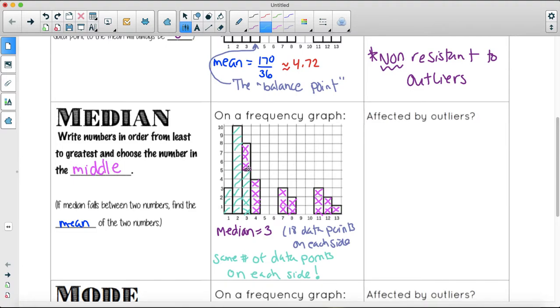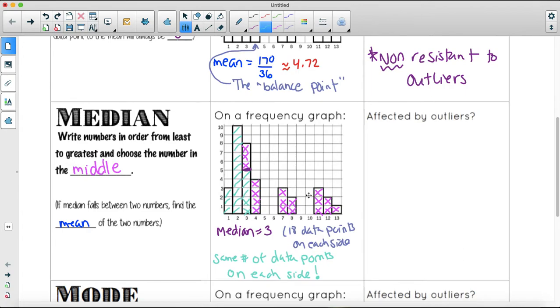So the average, or the mean, of 3 and 3 would give us 6 divided by 2, which would give us 3 again. So because it didn't have the exact middle, the median actually falls between two numbers, because we have the exact same number of data points on each side, or there are 18 on each side.